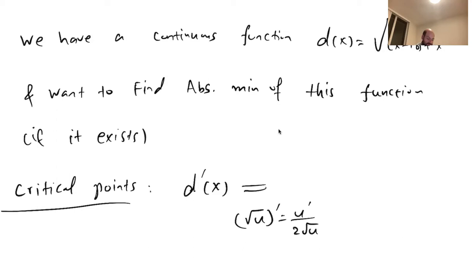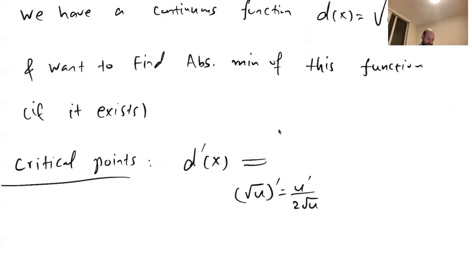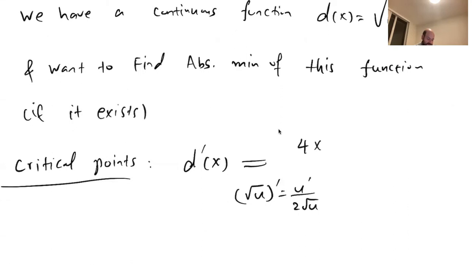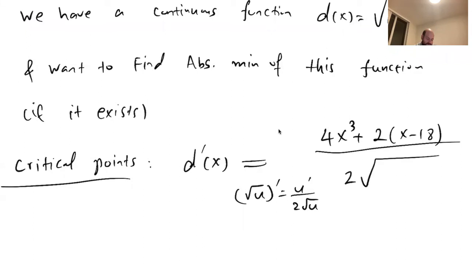So then this is going to be the derivative of the inside, which will be 4x cubed plus 2 times (x minus 18), divided by 2 root of (x minus 18) squared plus x to the power 4.